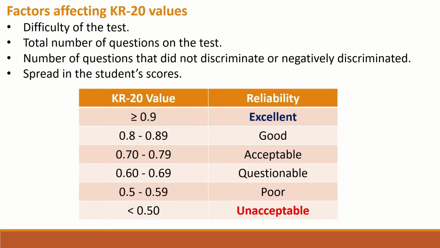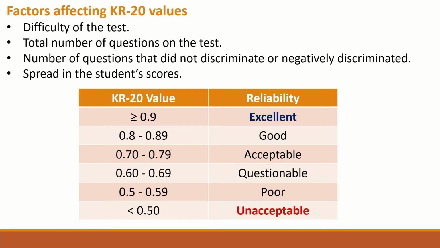In the table below, the range for KR20 value and the corresponding reliability label is described. If the KR20 value is equal to 0.9 or greater, then the exam or the test has an excellent reliability.